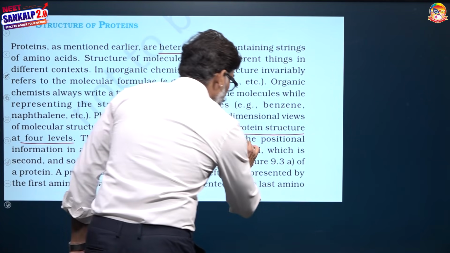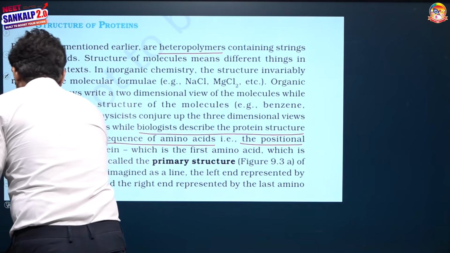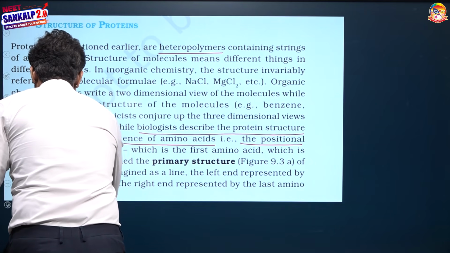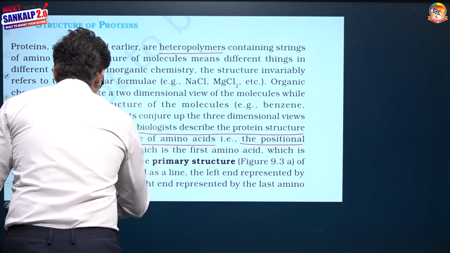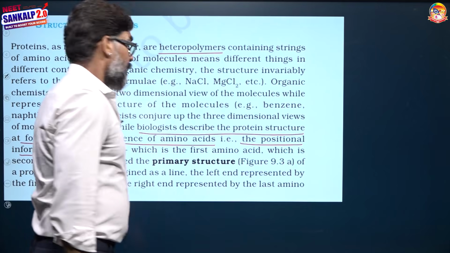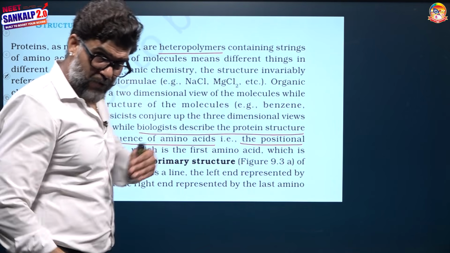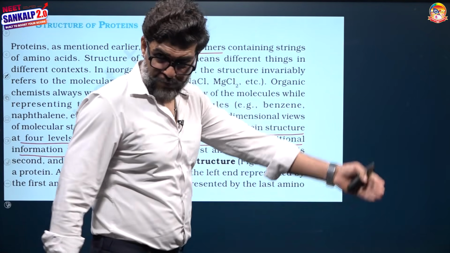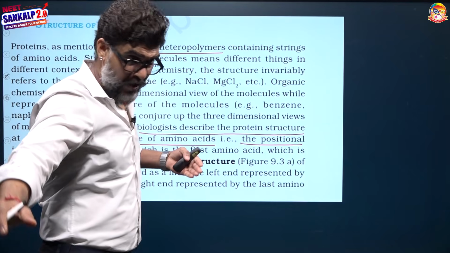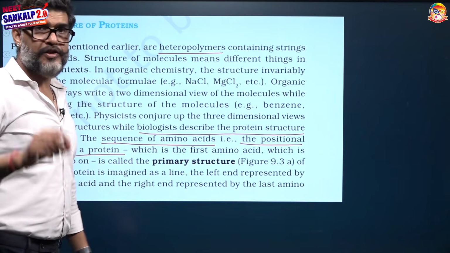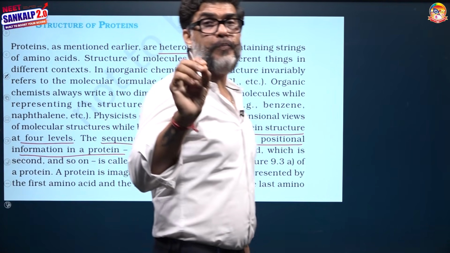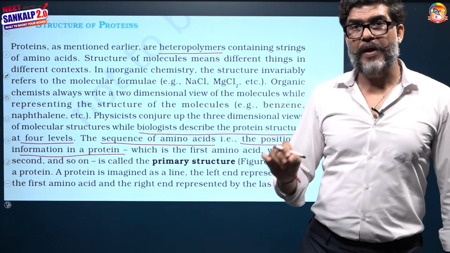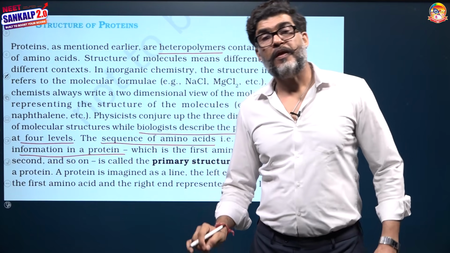That means the positional information in the protein. That is, what is the first amino acid, what is the second, what is the third, what is the fourth. Positional information of the amino acids within the protein is known as primary protein structure, primary configuration.